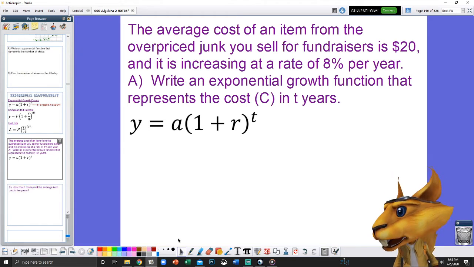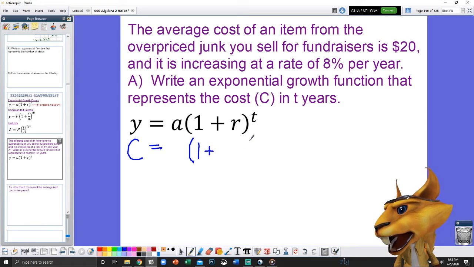All right, so now this Y, we're talking about cost, so it says to make that C. So I'm going to put C here, and in parentheses, I'm always going to have 1 plus, and then end the parentheses. So I'm missing a T, an R, and an A. I should be able to figure out at least a couple of those. Well, this says it's going to be T years, so I'm going to leave that as a T. The other two things I should be able to fill in.